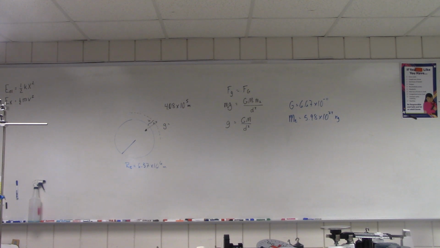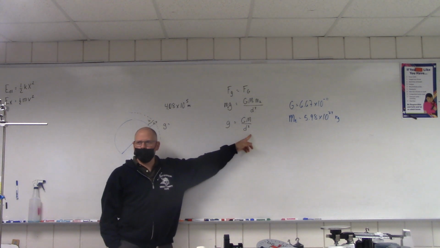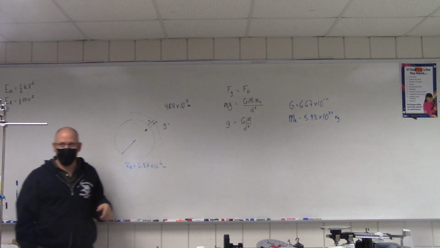So here's the hard part about this. What's the D value here? Yeah, the radius of the Earth plus the altitude.